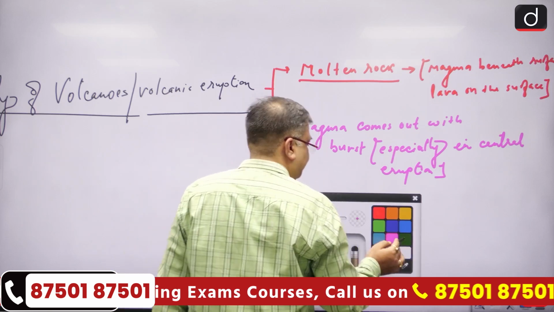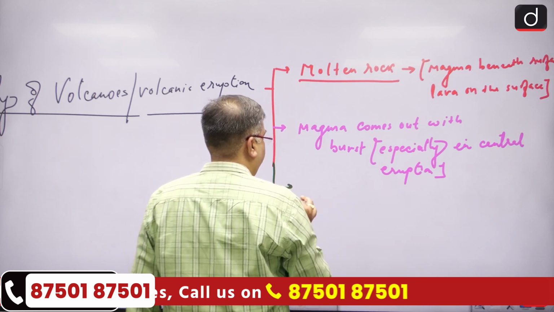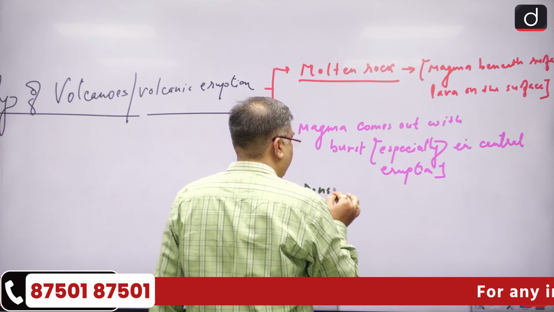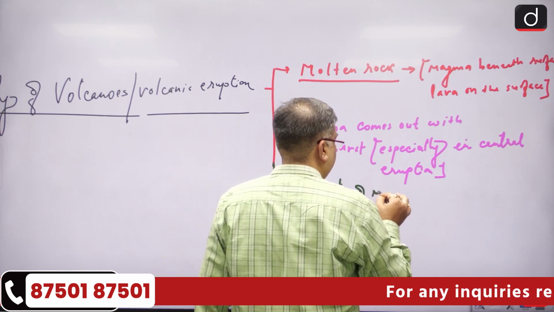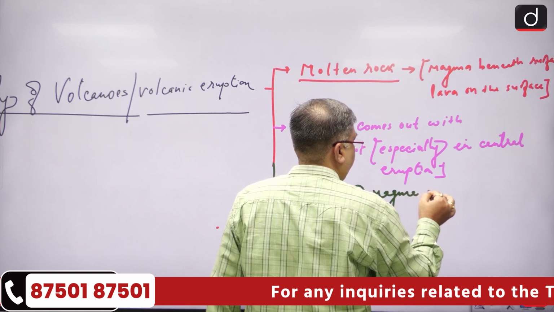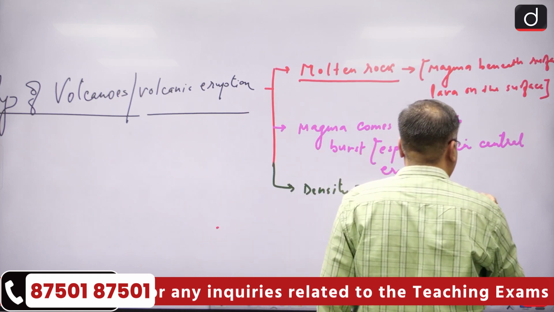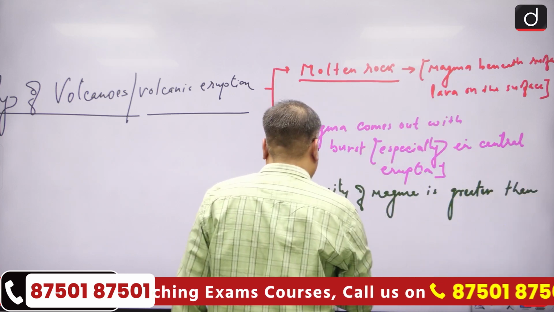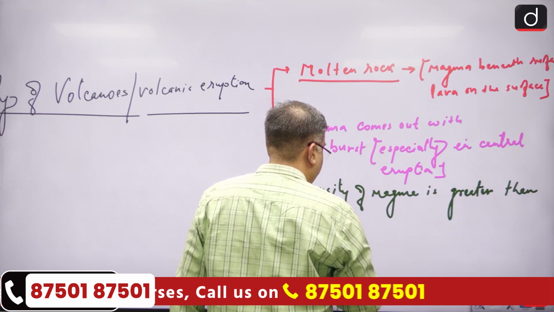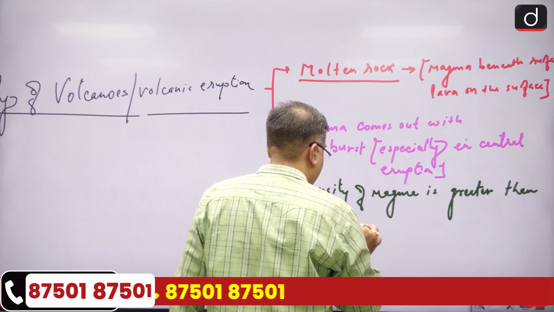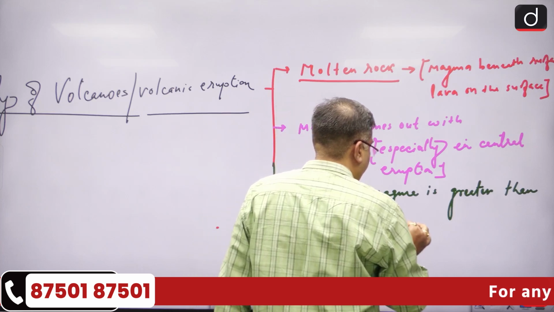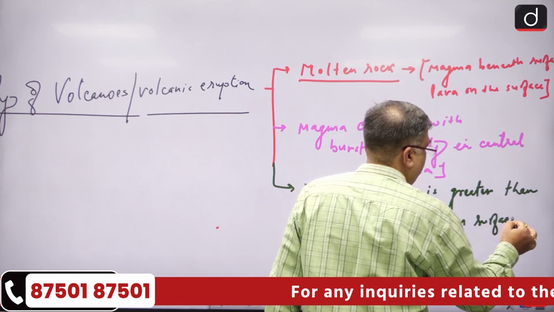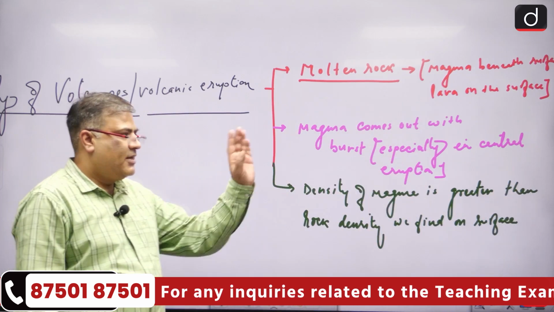And thirdly, density of magma is greater than rock density we find on the surface.